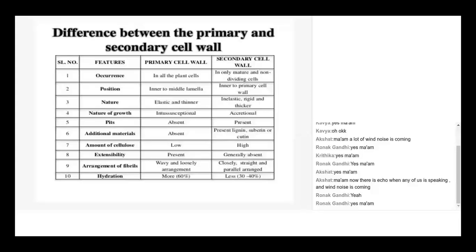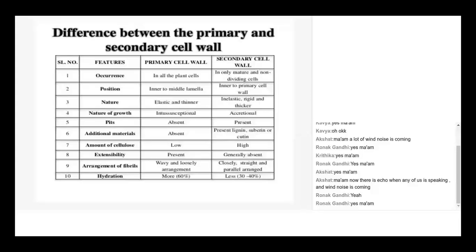Lignin, suberin and cutin are all organic polymers which are very rigid and very closely and tightly packed around the plant cell, and they form the cork or the bark part or the hardwood part of the plant. Do you remember the discovery of the cell in the history class?